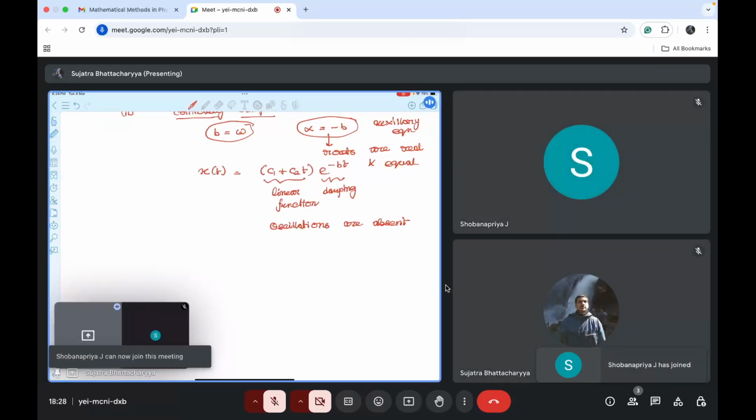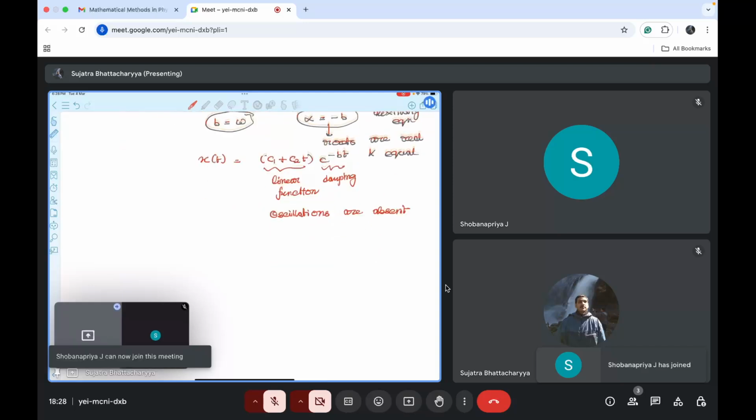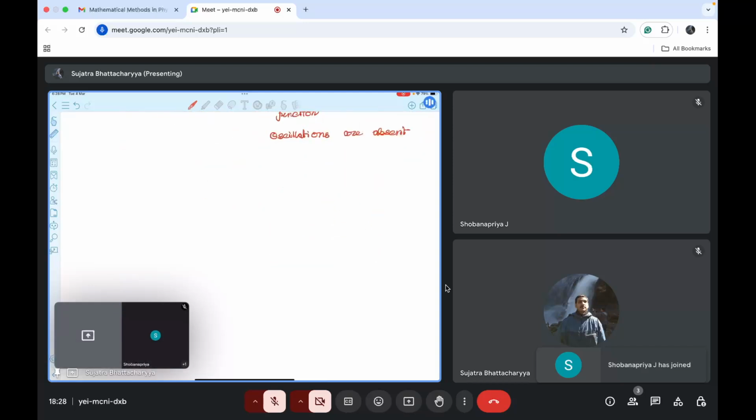So in this case, the oscillations are absent. This is the critically damped case. Third one is your overdamped case, just above the critically damped.